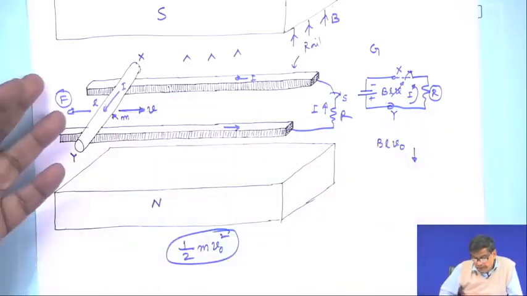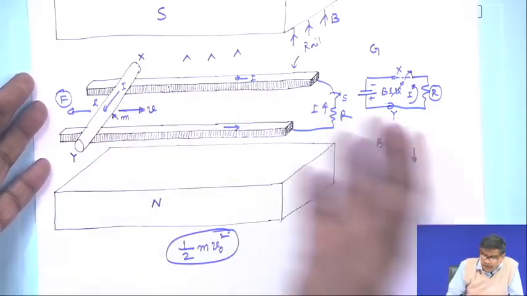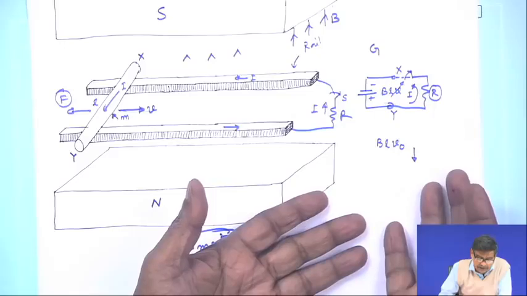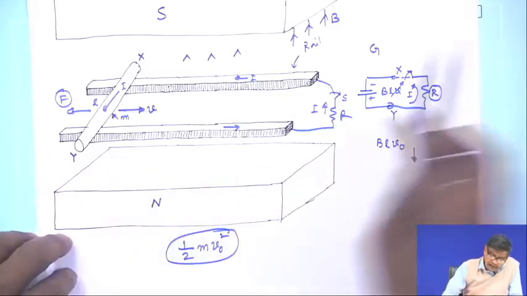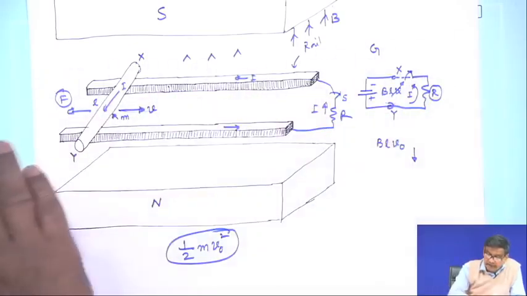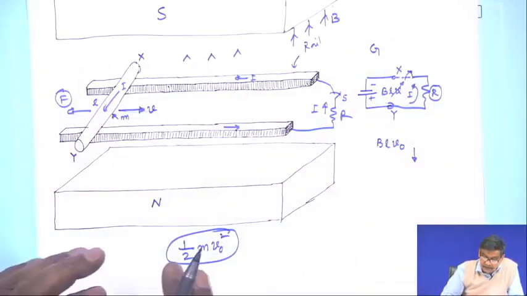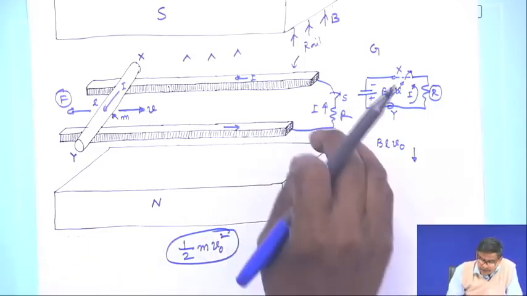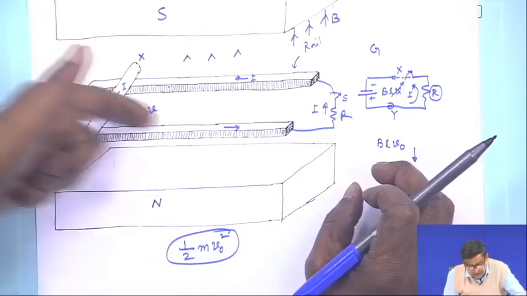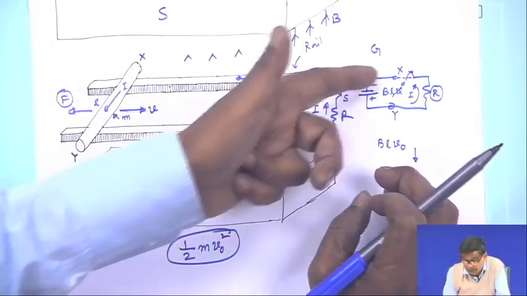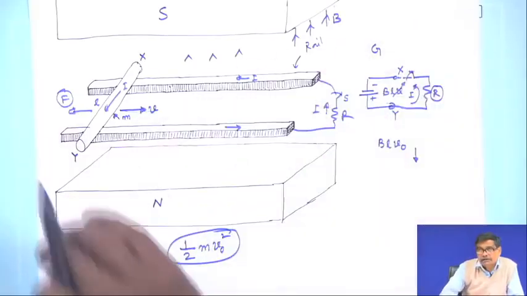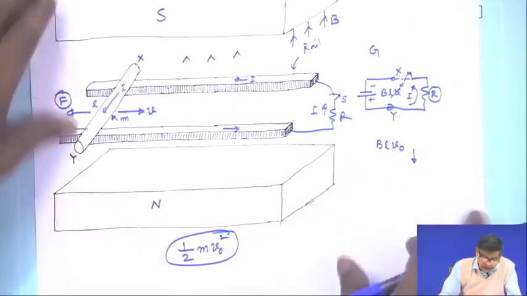Otherwise, without any prime mover connected, the game will be over soon. Whatever kinetic energy there is will be dissipated. Therefore, in generator mode of operation, there must be some prime mover, some external agency. It should be ready the moment you extract power, and push it, so that velocity remains same, so that voltage remains same, and you get power all the time across R. That is the whole idea. We will come to this much more.